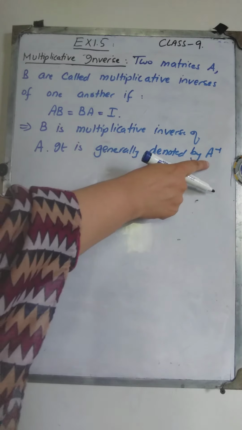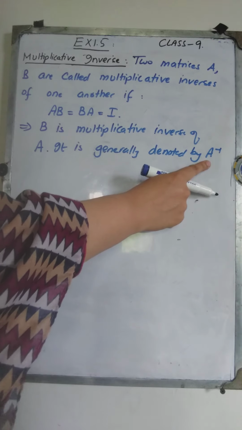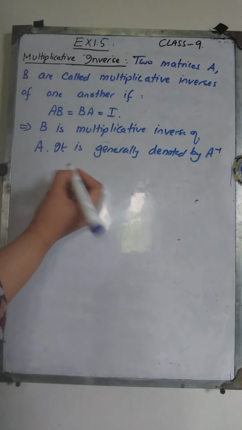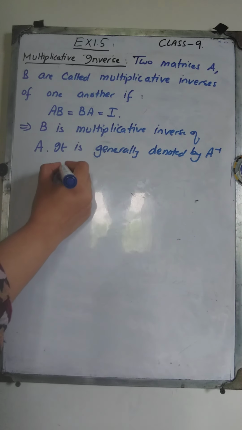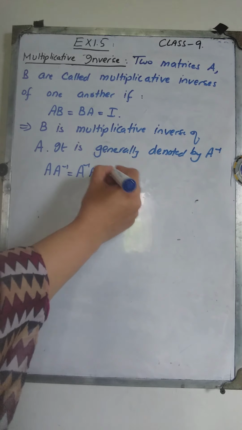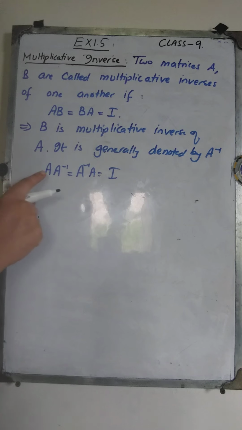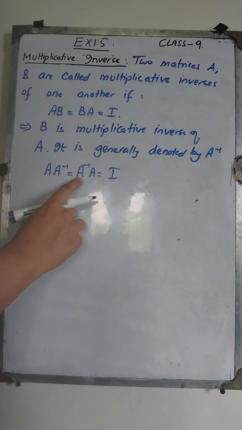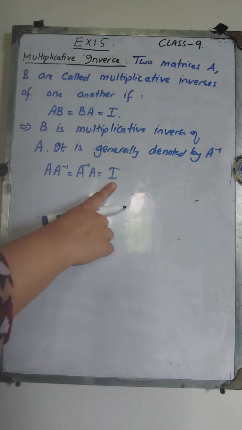So the inverse of a matrix A is normally denoted by A inverse. A inverse is the matrix which when multiplied with A gives you the identity matrix I. So the product of A into A inverse and A inverse into A should be equal to I.